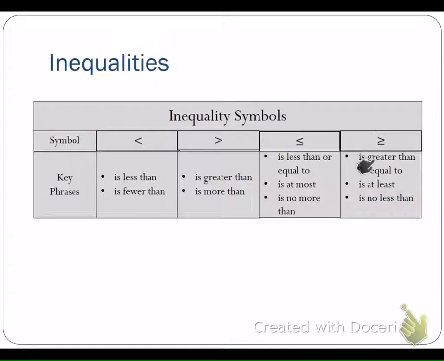And then finally, we have the greater than or equal to symbol. So things that are bigger or equal could go here, and that would still work, okay? And then in a word problem, it might be seen as is at least or is no less than. This should all be in your notes already. Any questions?